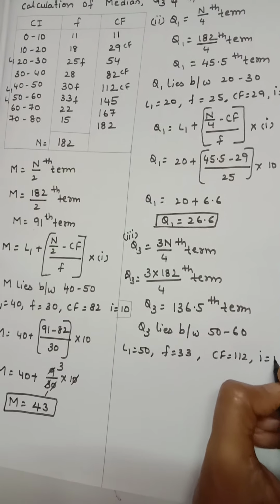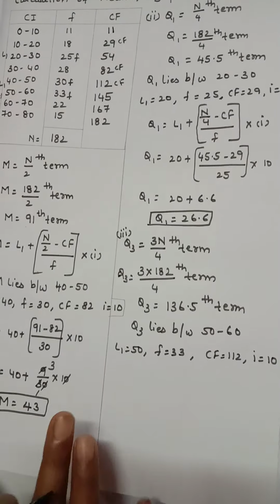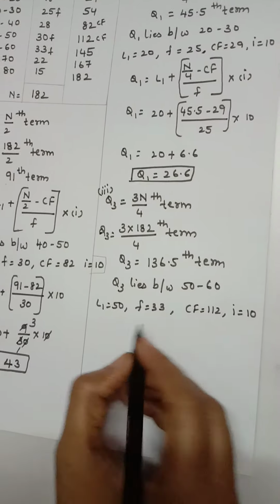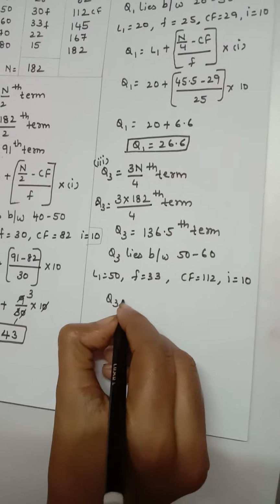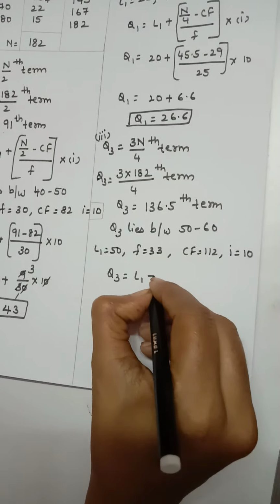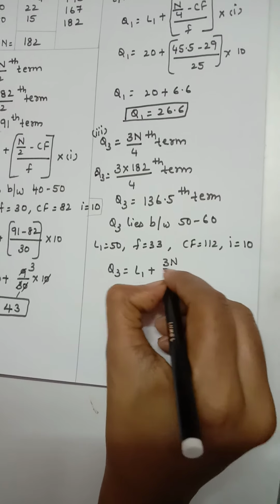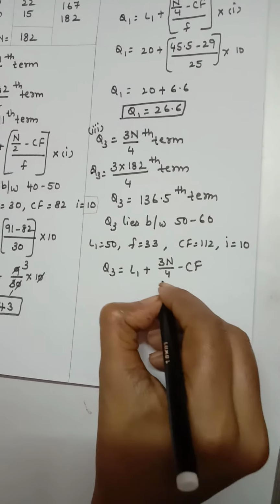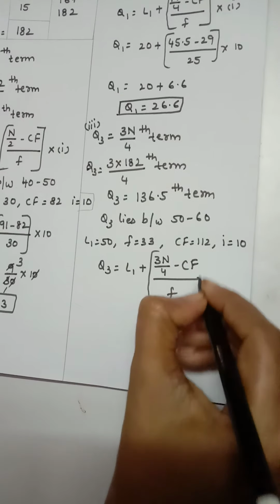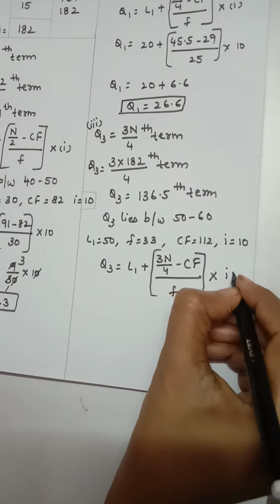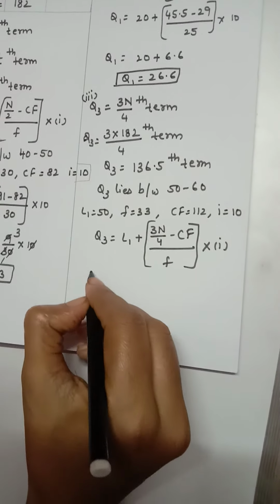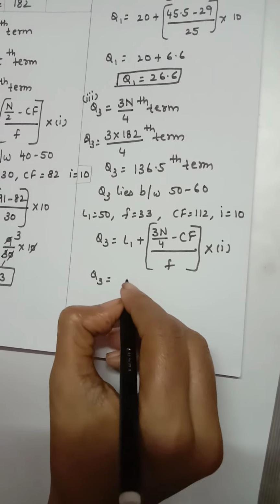As usual, I is equal to 10, the common factor being the same in all the class intervals. The Q3 formula is Q3 is equal to L1 plus 3n by 4 minus CF divided by F into I.